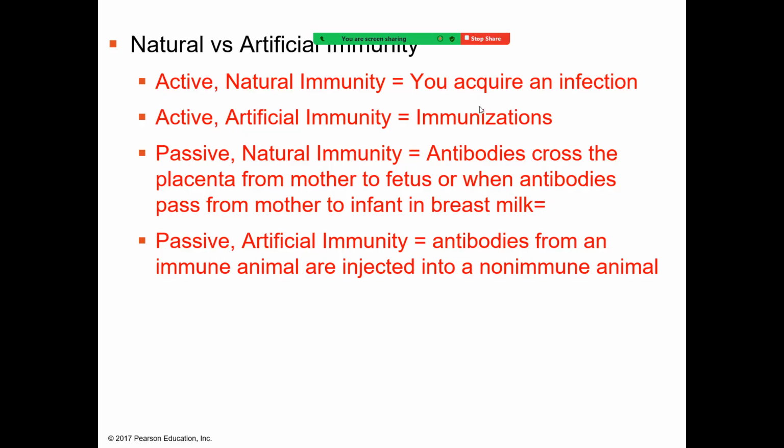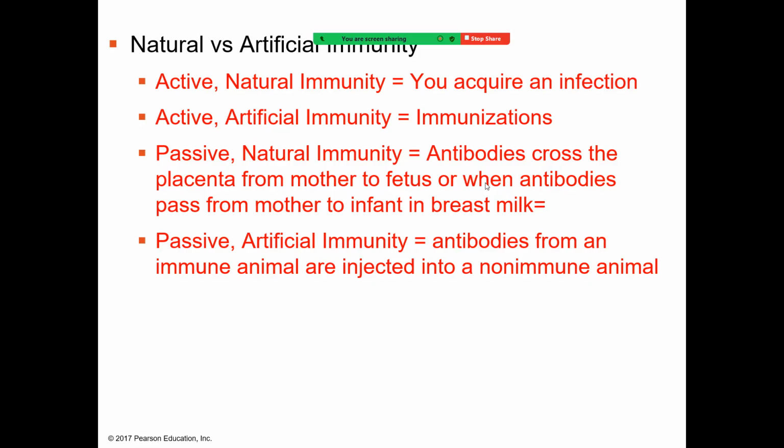So you didn't get infected in the wild or out in society. You actually went and were exposed to the particular antigen via a vaccination. That could typically be injections, or sometimes nasal sprays, or oral vaccinations. But still your body is the one that is creating this adaptive response. That's why it's active.